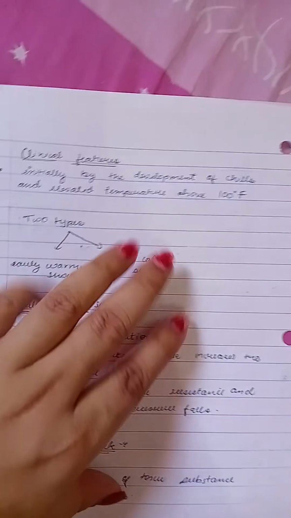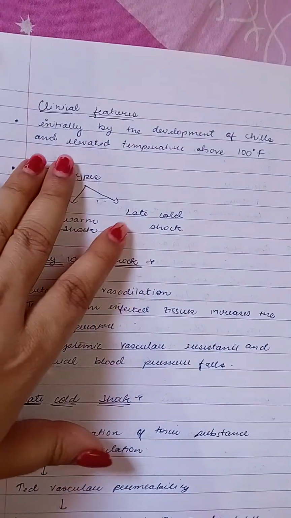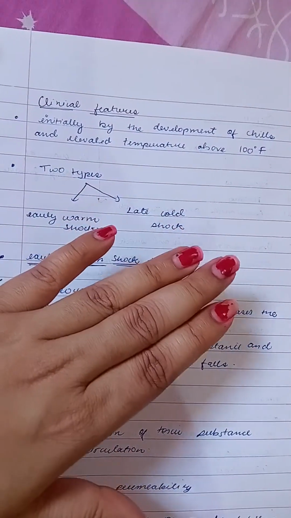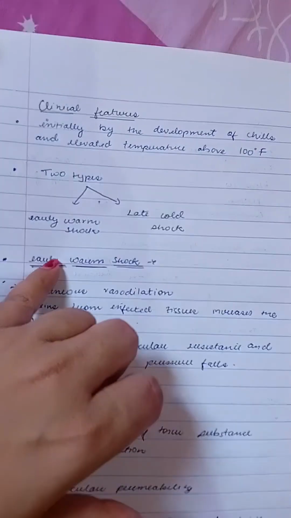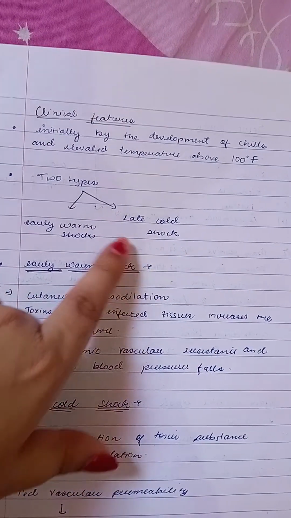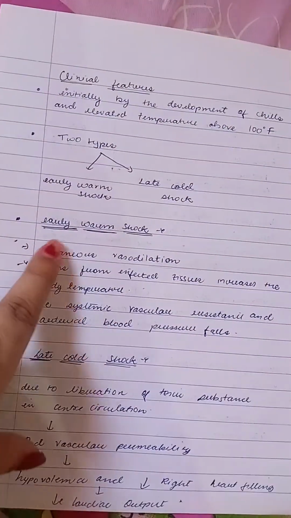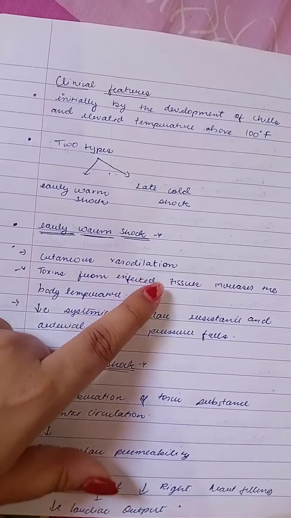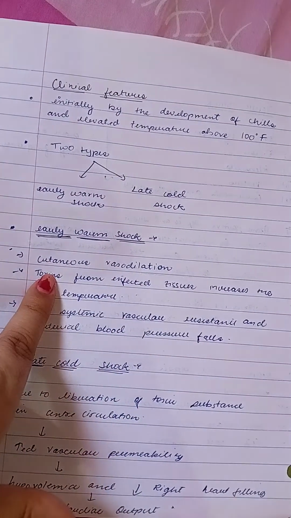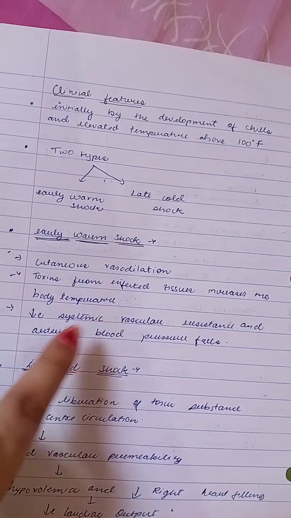Now, what are the clinical features? Initially, the development of chills and elevated temperature above 100 degrees Fahrenheit. There are two types: early warm shock and late cold shock. What happens in early warm shock? Cutaneous vasodilatation. Toxin from infected tissue increases the body temperature.